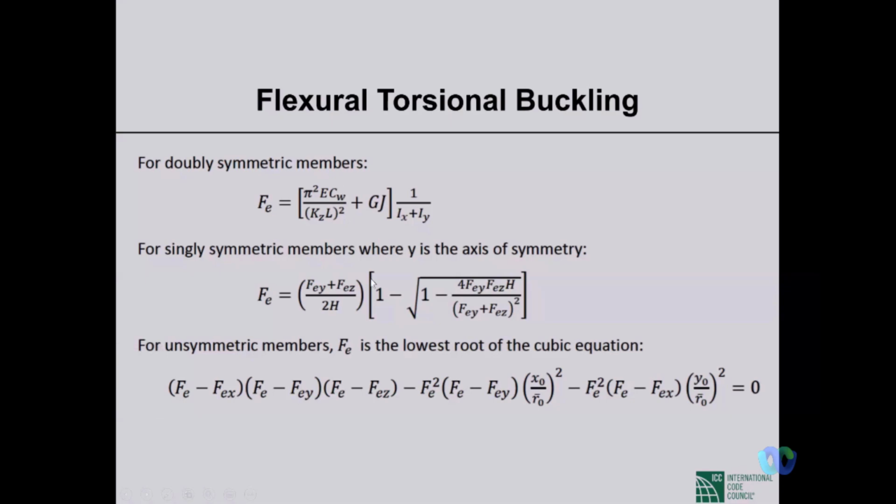For singly symmetric ones, we have this FZ. And in completely unsymmetric case, we have everything. So the formulas look complicated. Actually, now all the designs are automated. The software is supposed to deal with this, but you have to have the understanding.